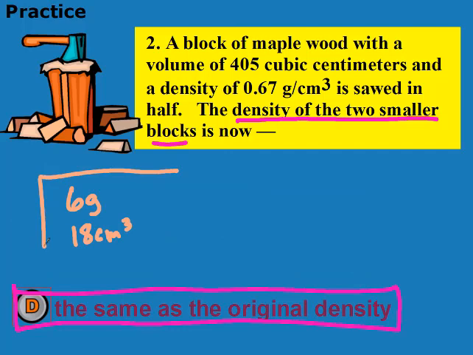So let's pretend that we had a block and it was 6 grams and 18 centimeters cubed. Dividing those, that would give me a density of 0.33 grams per centimeter cubed.